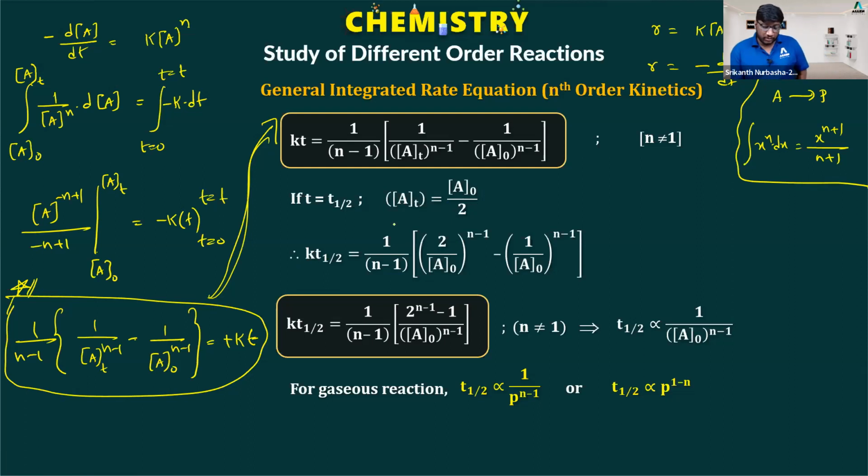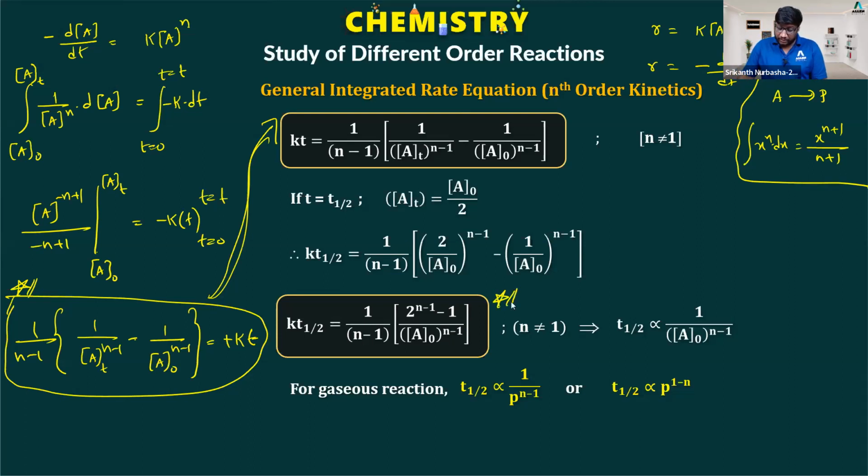So k into t half is equal to 1 by n minus 1 into 2 power n minus 1 divided by concentration of A at time t equal to 0 power n minus 1, minus 1 by concentration of A at time t equal to 0 power n minus 1. So k into t half is equal to 1 by n minus 1 whole multiplied by 2 power n minus 1 minus 1 whole divided by concentration of A at time t equal to 0 power n minus 1. So this was the formula you're getting.